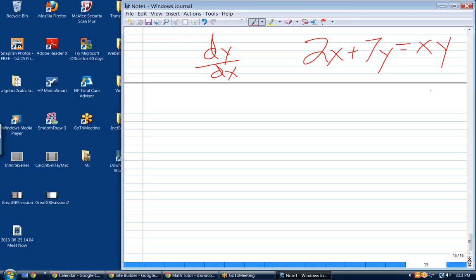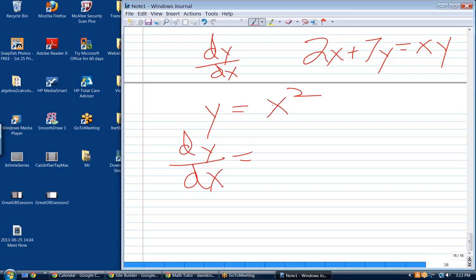The only difference, if I tell you, let's start with explicit differentiation. If I want dy dx, I only have to use the power rule, and I don't need to follow this with anything else.